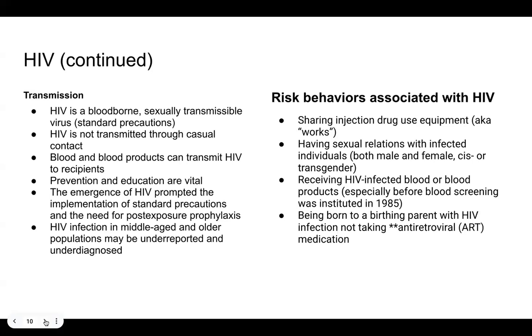The emergence of HIV prompted implementation of standard precautions and the need for post-exposure prophylaxis. It's important to know that HIV in middle-aged and older populations may be underreported and underdiagnosed. And this is because HIV-related dementia in the older population may mimic Alzheimer's disease.